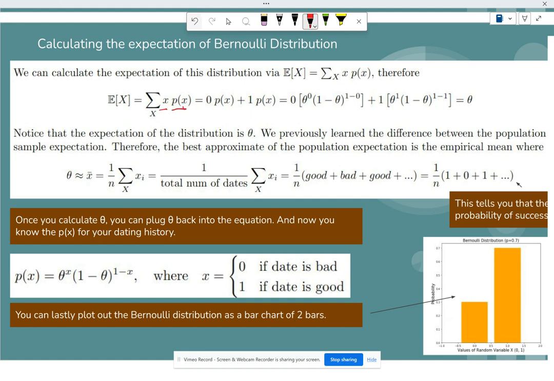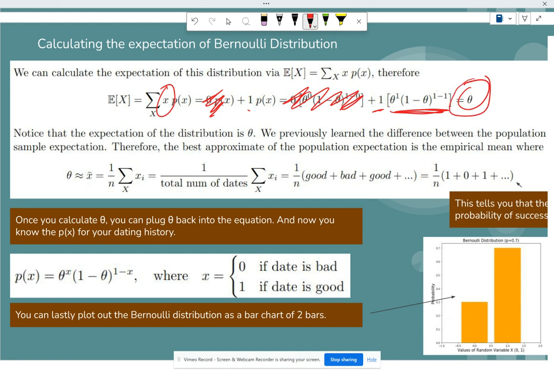Well, x can only be two numbers, 0 or 1, right? And 0 is just going to be gone. Therefore, it's just 1 times the Bernoulli, and this 1 minus 1 is going to be 0, so that cancels out. Therefore, it's just equal to theta.